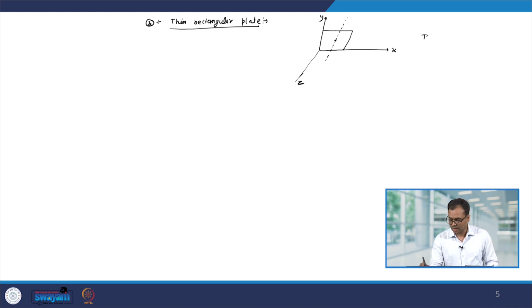In this case, I z, with z being this axis, will be m divided by 12 times a square plus b square.